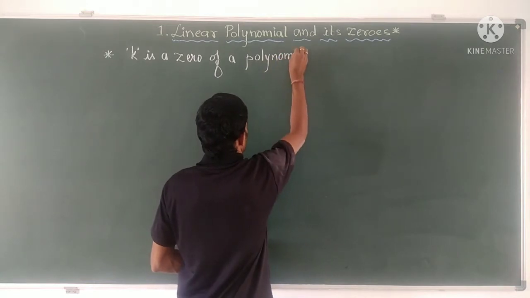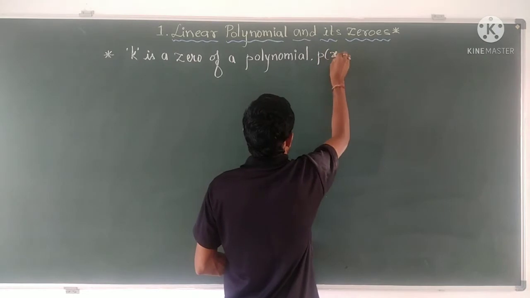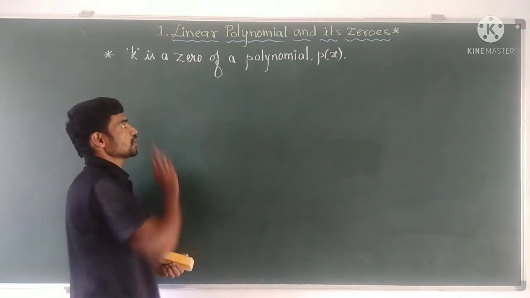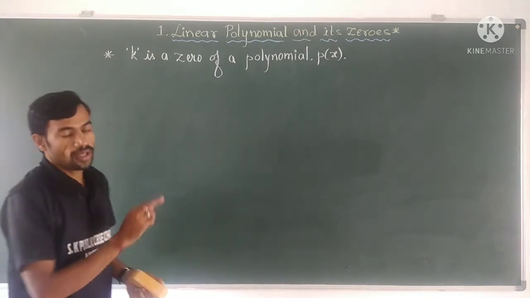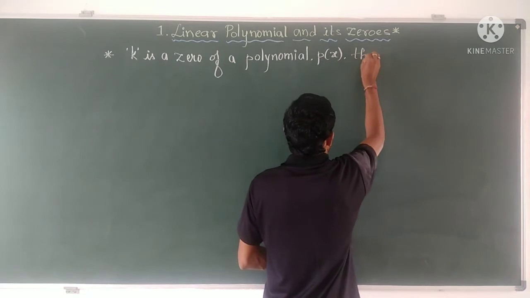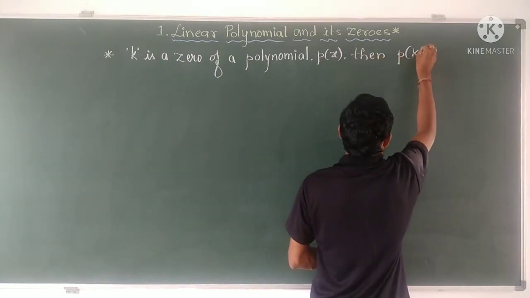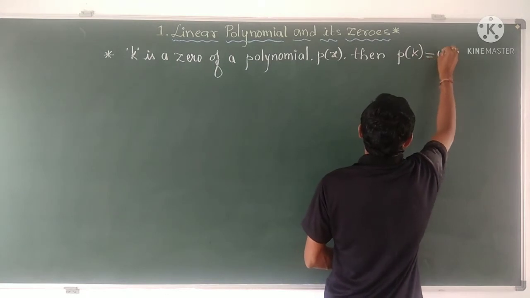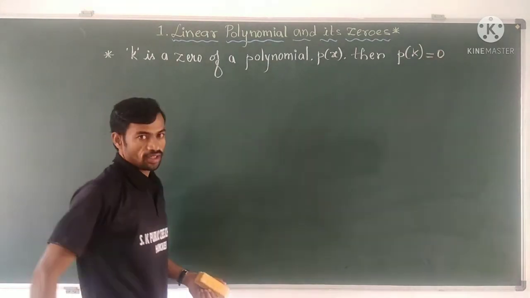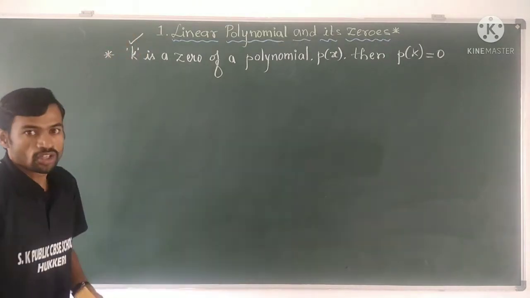Suppose k is one of the zeros of a polynomial P of x, then P of k must be equal to 0. It has to satisfy that condition. Then we can say it is a zero.